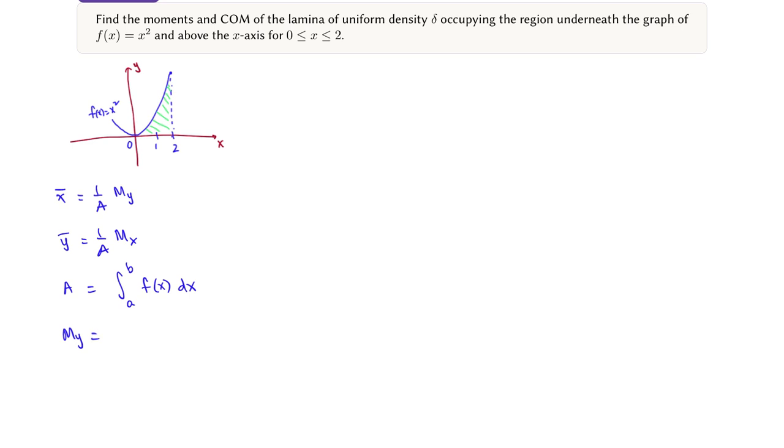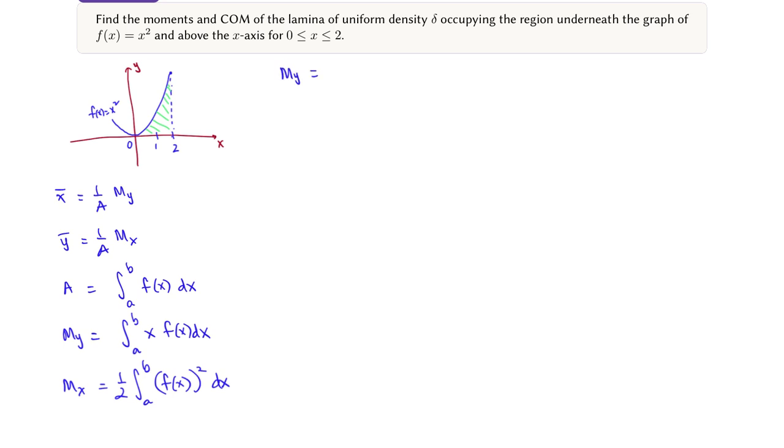The moment about the y-axis is the integral from a to b, x times f of x dx. And the moment about the x-axis is 1/2 the integral from a to b, f of x squared dx. We ignore the density because it is uniform. If the density is uniform, the density will cancel out.